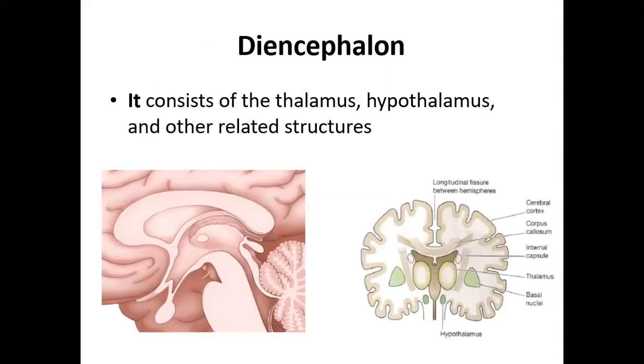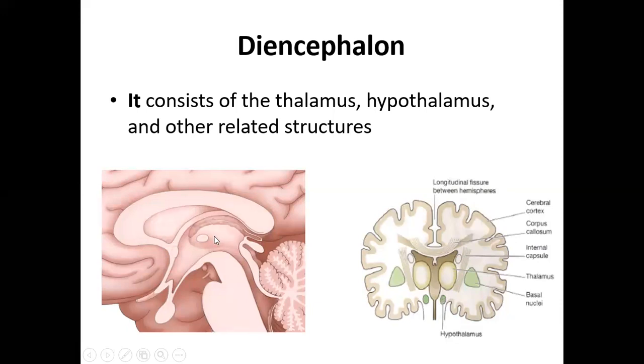Now coming to the diencephalon, I said there is something called the diencephalon within the brain. This diencephalon is constituted by the thalamus, hypothalamus, and other related structures, epithalamus, everything. If you see here, this is the thalamus, and this is the hypothalamus.